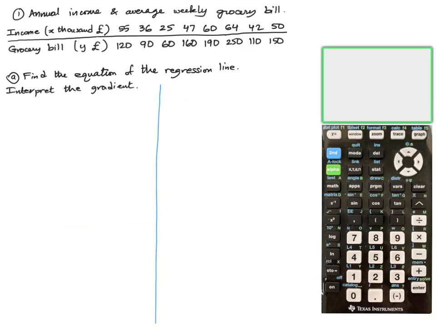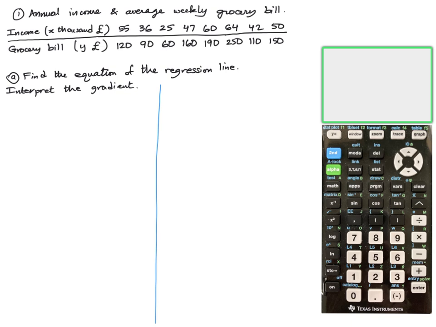All right, now that we have our diagnostics on, we are now going to calculate a linear regression. So I've got some data here. It represents the annual income and the average weekly grocery bill for a bunch of families, in this case, 8 different families. And the annual income is measured in £1,000. That symbol there is pounds.